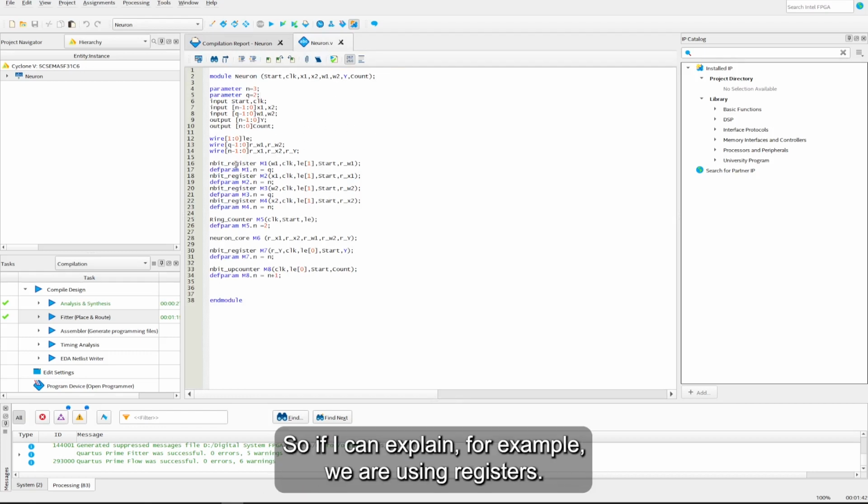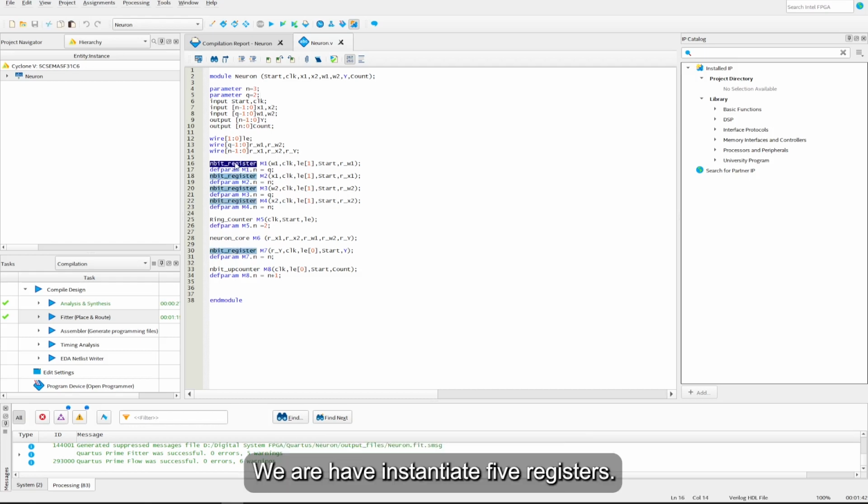So if I can explain, for example, we are using registers. We have instantiated 5 registers.